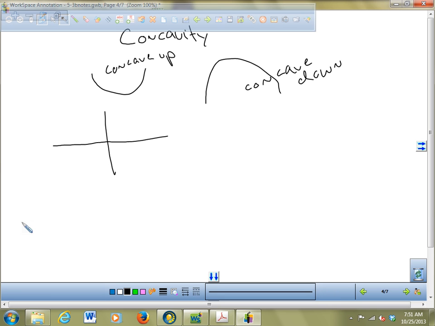Say you have a function that looks like this. At this point, this particular function changes from being concave up to concave down. That point has a name, and it is called an inflection point.